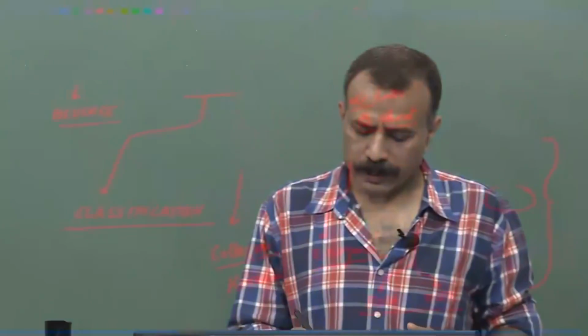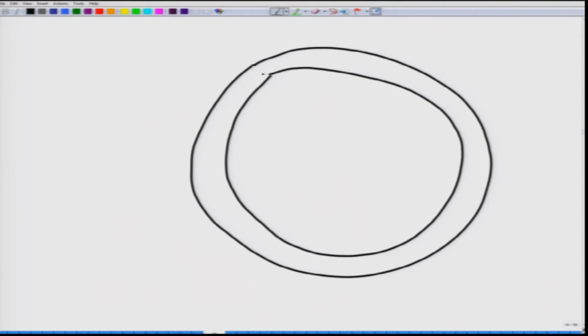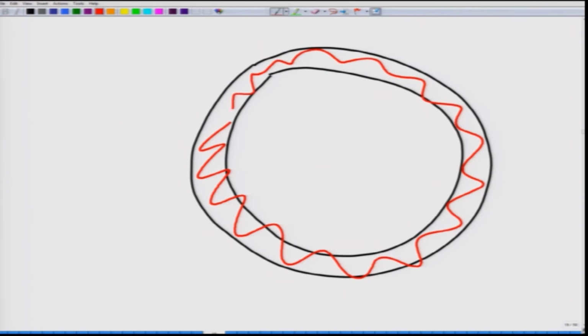Because if you look at the cell, let me draw a classic cell. When you talk about a classic cell, if it is a mammalian, it is mostly a spherical shape. So, this is the membrane, which is a bilipid layer, and you have a nucleus inside.